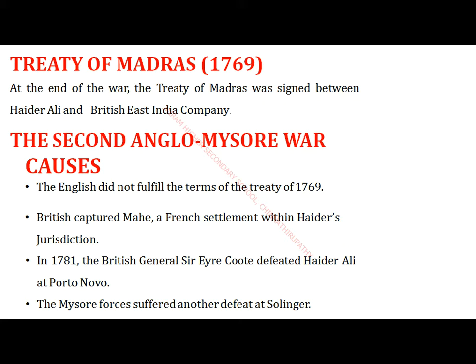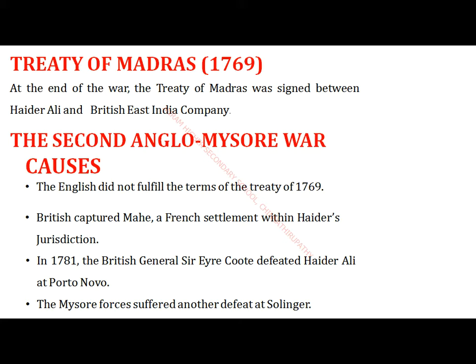This is the place the Mysore forces suffered a lot during the period of the Second Anglo-Mysore War, at the hands of the British. These are all the events that happened to the Mysore ruler.